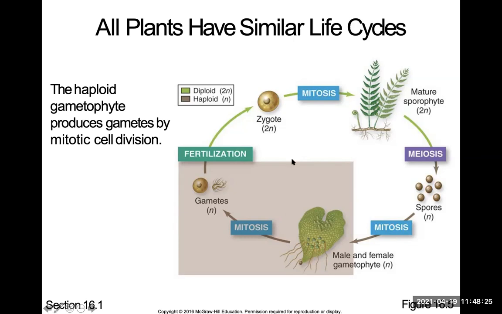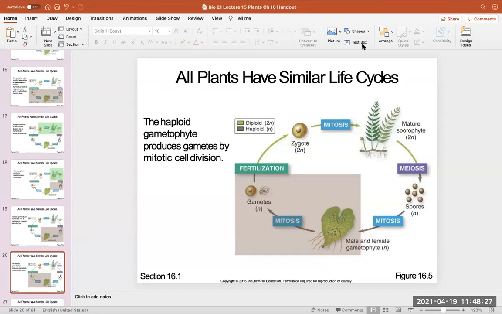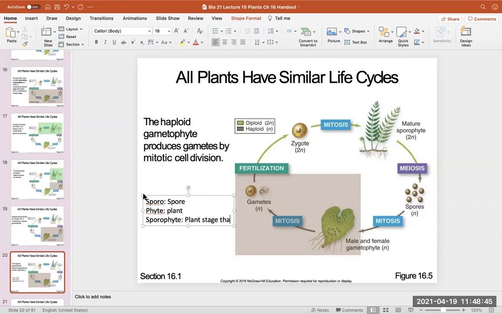So let's go ahead and do some vocabulary. Sporo means spore, phyte means plant. So sporophyte is the plant stage that produces spores.